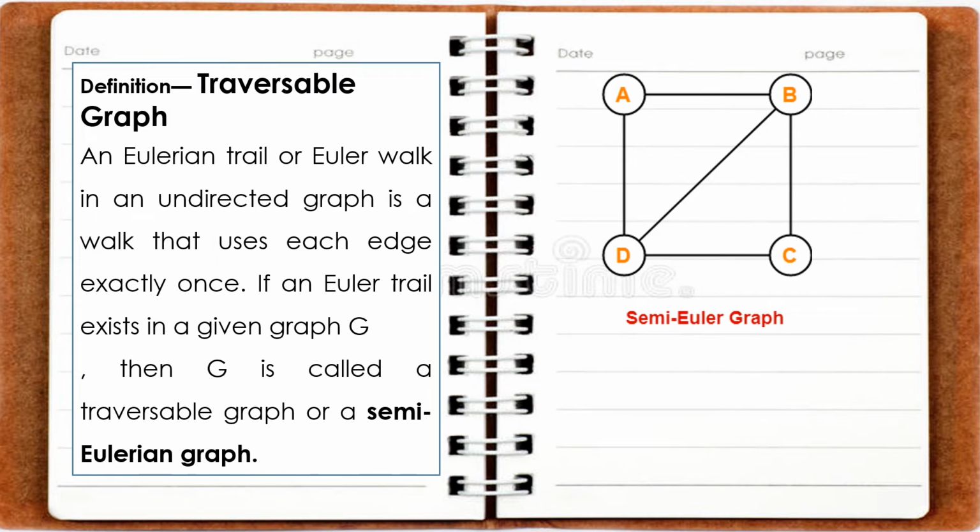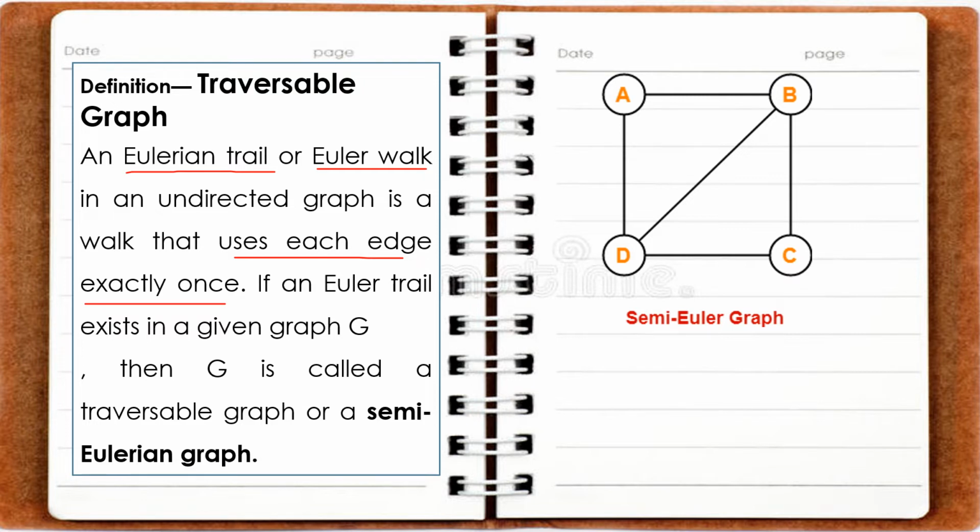Okay, so let us identify if the given graph is a semi-Eulerian graph. Now take note that a semi-Eulerian graph has an Eulerian trail or an Euler walk, meaning we are going to use all the edges exactly once, but since it is a trail, it's not necessary that we will go back to our starting vertex.